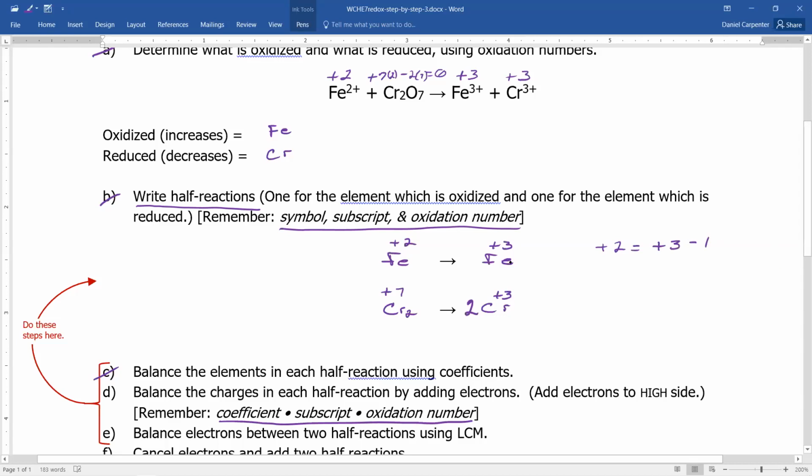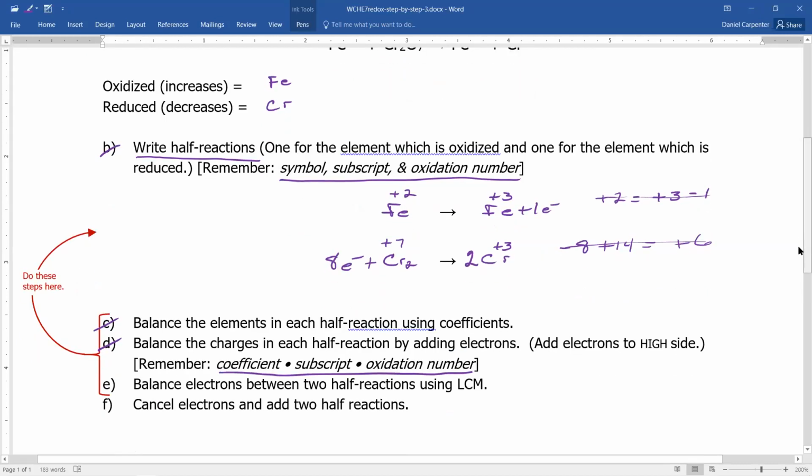That's minus 1 plus 1 electron. 1 times 2 times 7. 2 times 1 times 3. So that's minus 8 plus 8 electrons down there. Right, there are the charges balanced, step D.